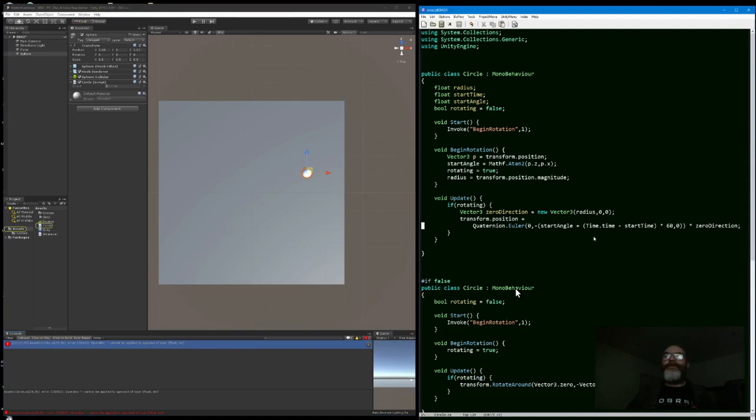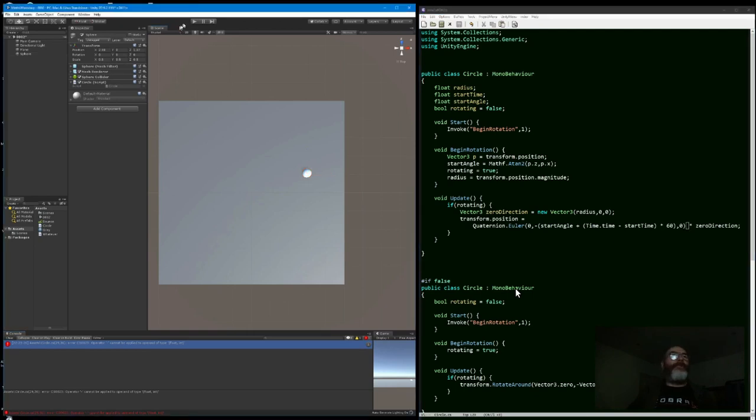Oh, what's happened there? Cannot be applied to type float. Why? What happened? Oh. Parenthesis in the wrong place.